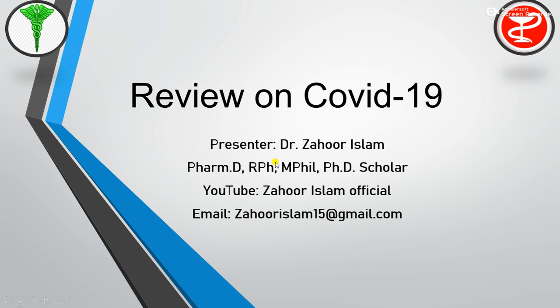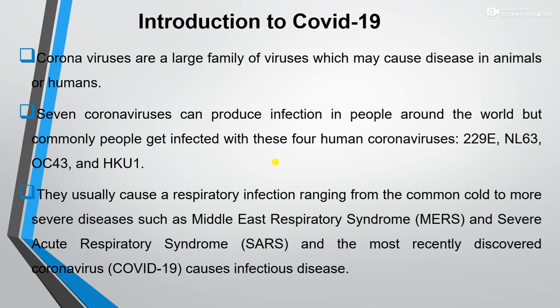Now come toward the basic introduction of COVID-19. So COVID-19s are coronaviruses. Coronaviruses are a large family of viruses which may cause disease in animals as well as in humans.